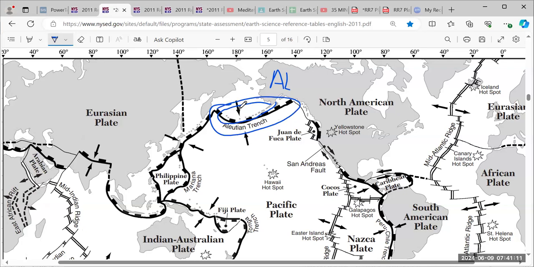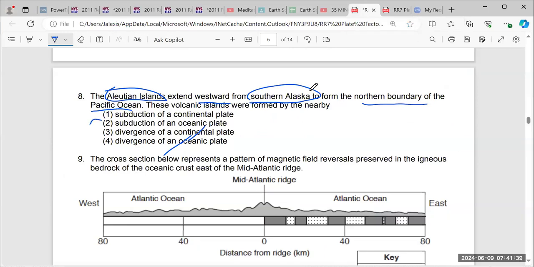Now, the white part of this map represents water. And so therefore, the subduction of this crust, this white part represents water, the ocean floor. And so therefore, this is the subduction of an oceanic plate, which is going to be choice 2.